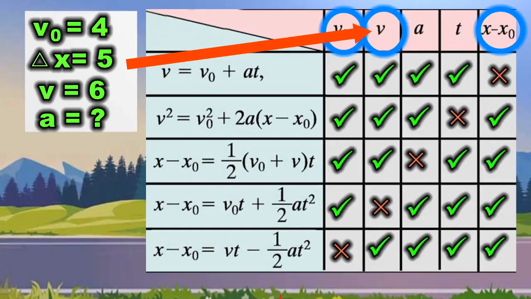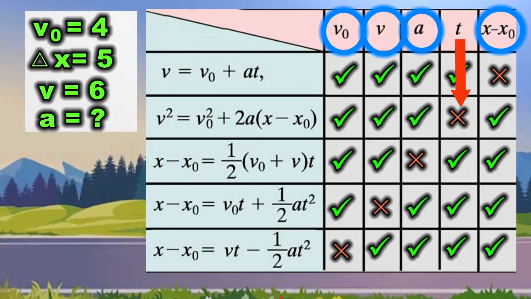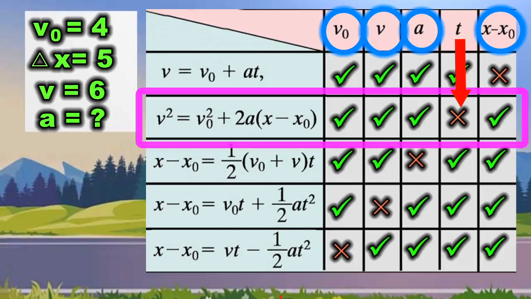Its final velocity is 6 meters per second. So far 3 variables have been identified, and the fourth is the acceleration that we have to calculate. So 4 quantities are identified. Now we have to find the right formula. If you are careful, the time variable is not needed, then this is the appropriate formula.